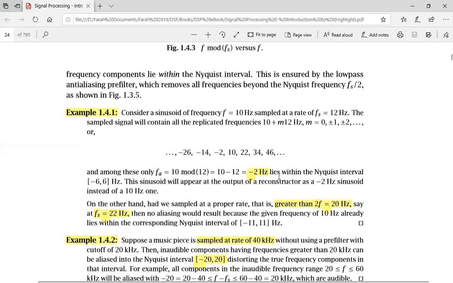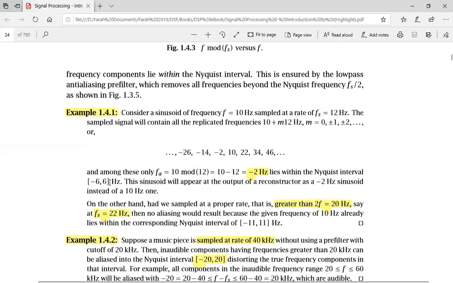It may be shown that the reconstructed signal will have a frequency that lies within the Nyquist interval of minus 6 to 6. Why minus 6 and 6? Because for a sampling rate of 12 hertz, when you divide this 12, it would be minus 6 and 6. So within this Nyquist interval, you will get your reconstructed signal back.